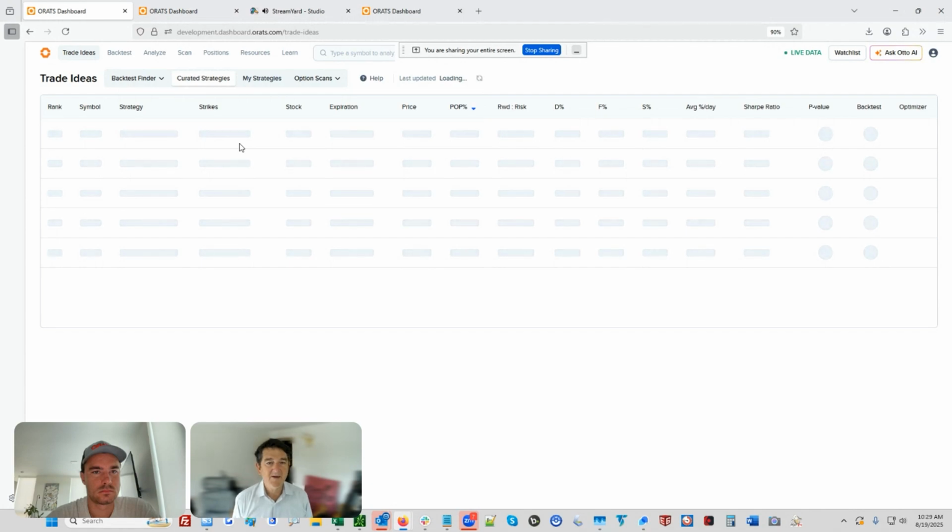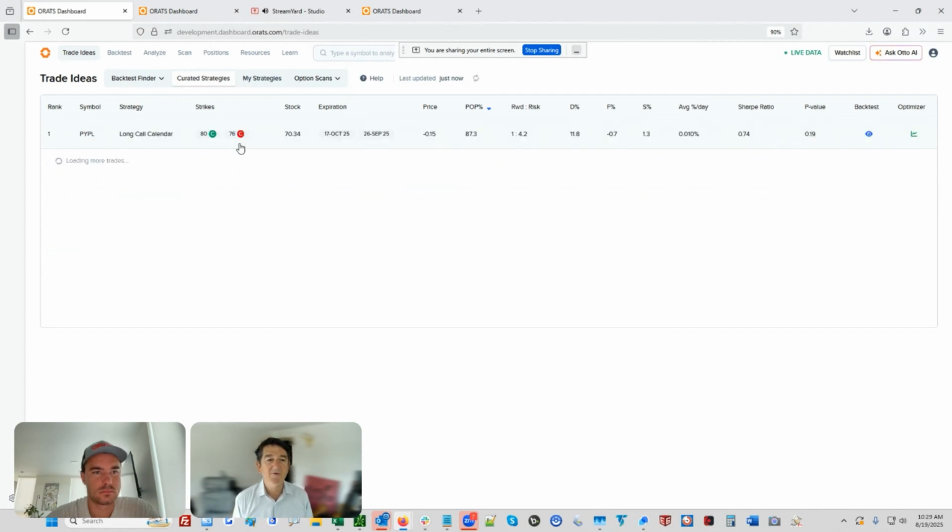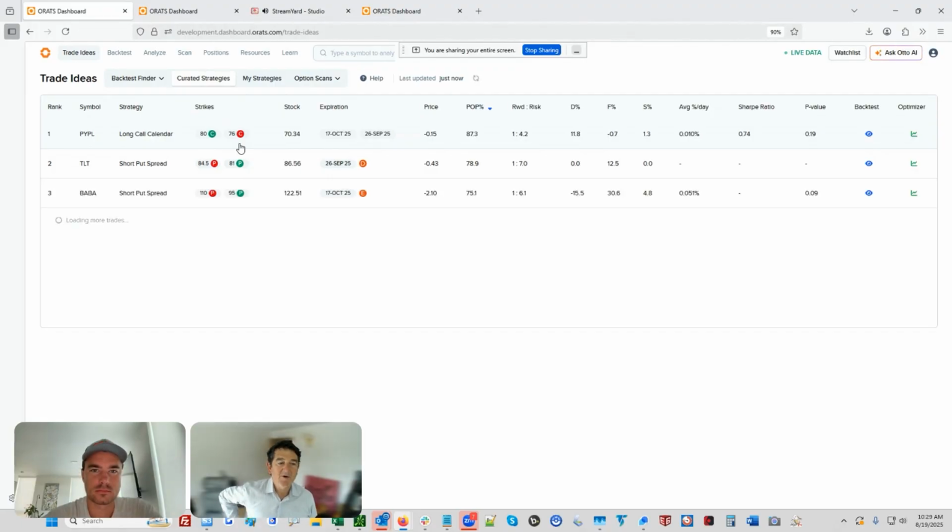Find a good backtest that you want, see if it optimizes well, see if you have a decent p-value. If not, then you've got to go to the next one. So Tyler, I think that's a good show on going from a backtest, optimizing it, going to the optimizer, finding good optimized values, ones that make sense.